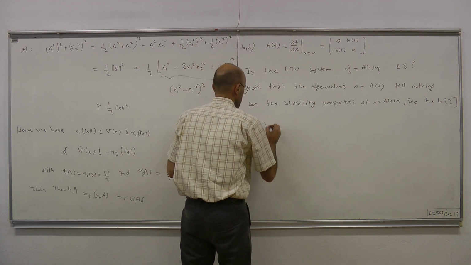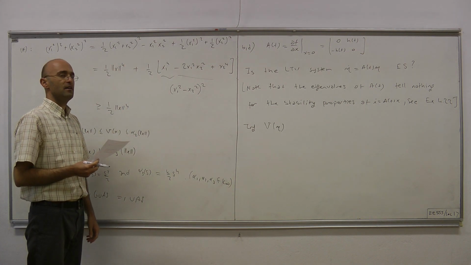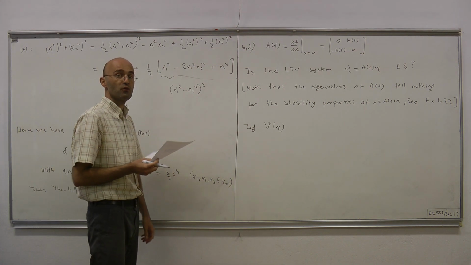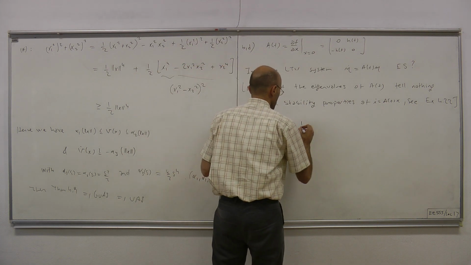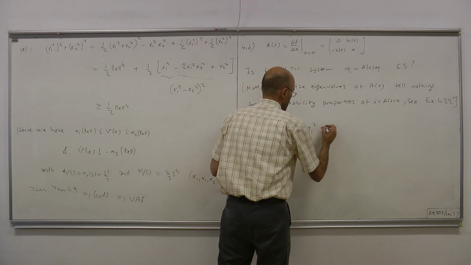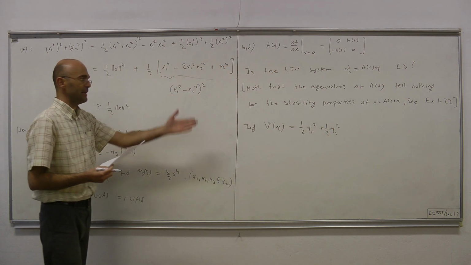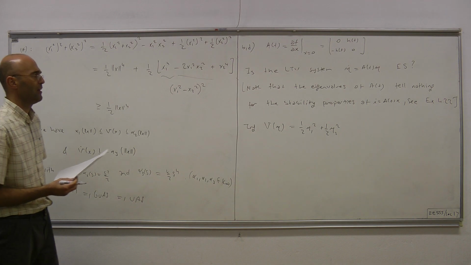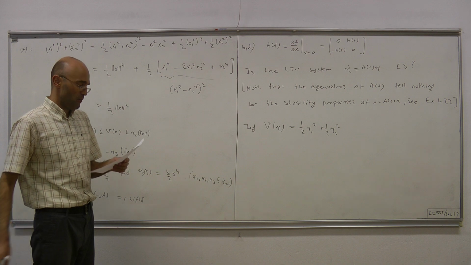So let's try our chances with the first choice for the Lyapunov function. It's norm squared, or one half norm squared: one half eta 1 squared plus one half eta 2 squared. Clearly this is a positive definite function. Let's see what can be said about its time derivative.